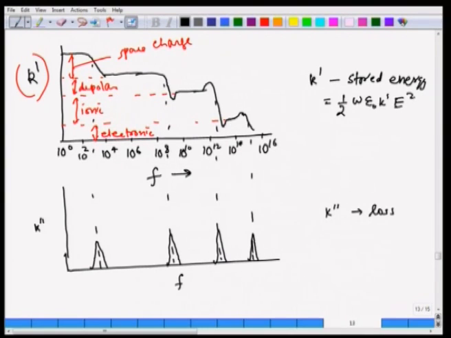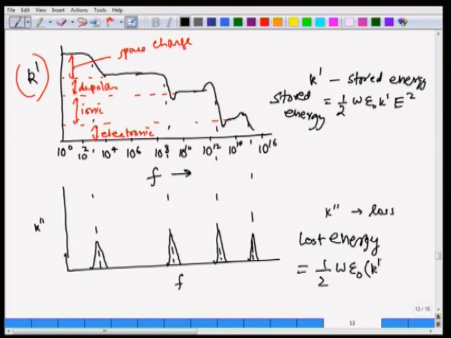And the lost energy would be equal to half omega epsilon naught, and we are going to write this as K double prime plus sigma. This is the AC part, this is the DC part, times E square. This is the lost energy.